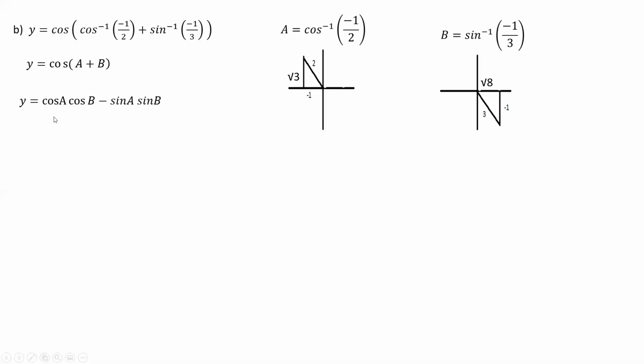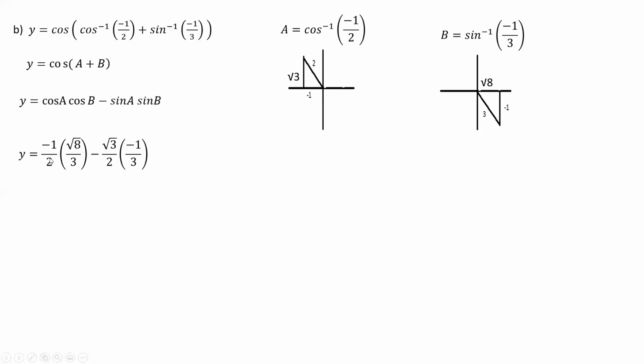Or from the picture, the cosine of A, x over r. Cosine of B, we'll have to go to angle B, x over r. Sine of A, go to A, sine is y over r. Sine of B, if you want a quick way, B is the angle whose sine is -1/3. Or go to angle B and calculate the sine, y over r.